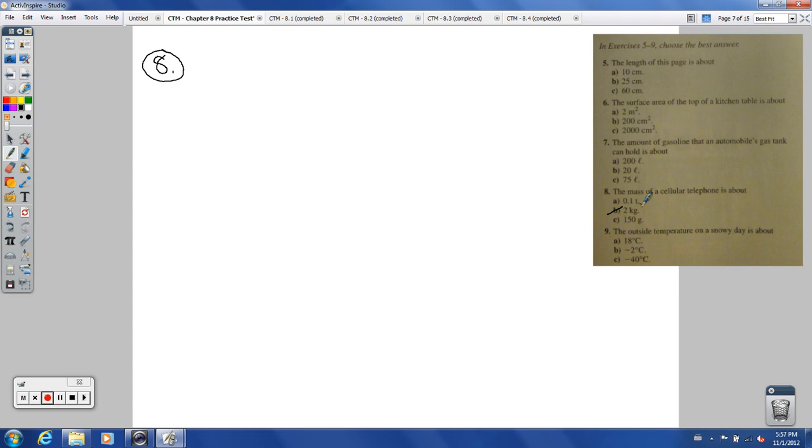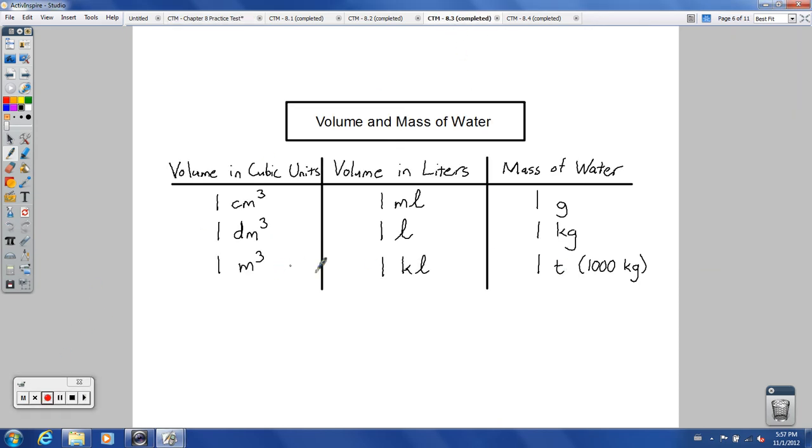And then what does that mean again right there? The T stands for 1 ton, a metric ton, which is 1,000 kilograms. And if you forgot that, that's coming from 8.3 right here. So we had the 1T, that's 1,000 kilograms right there.